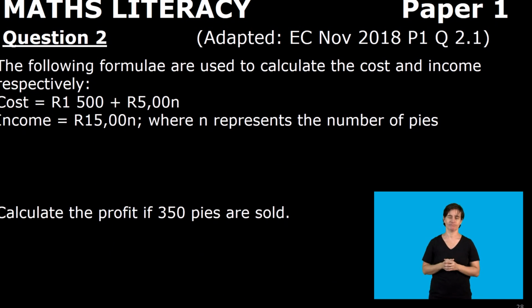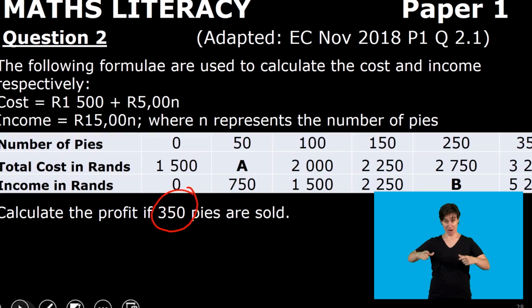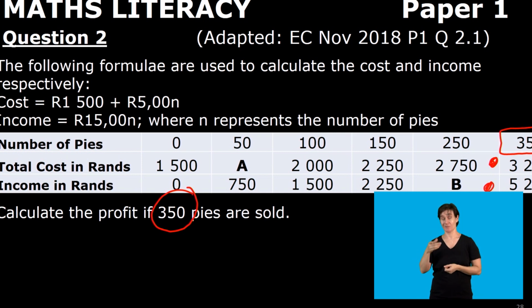Now, calculate the profit if 350 pies are sold. Let's look at the table. You look for 350 pies, then we'll see the total cost is 3,250 and the income is 5,250.